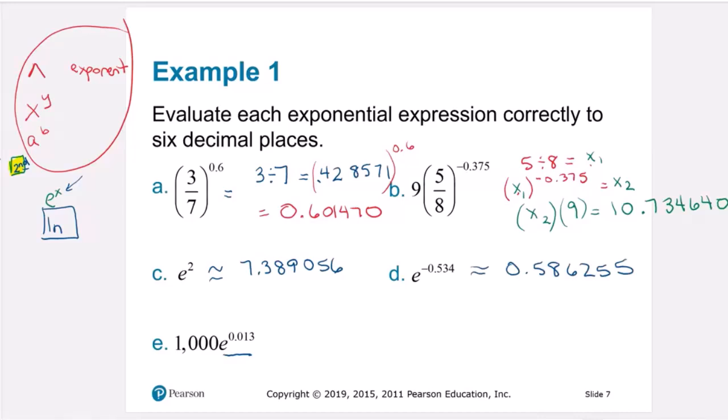This is the same as 1,000 times e to the 0.013. Evaluate this first and then multiply by 1,000. And the answer you'll get is 1,013.084867.